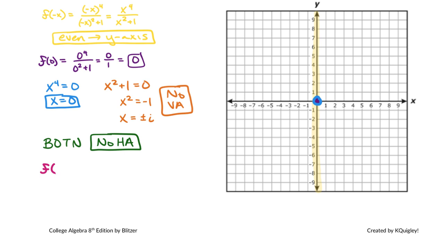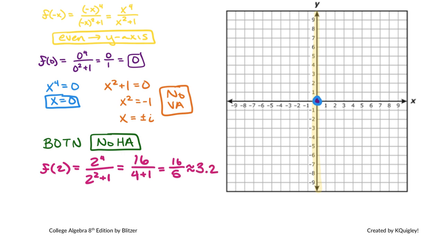Let's do 2. f of 2 would be equal to 2 to the 4th power over 2 squared plus 1. 2 to the 4th power is 16. 2 squared is 4. 4 plus 1 is 5. So we have 16 over 5, which is approximately what? 3.2.